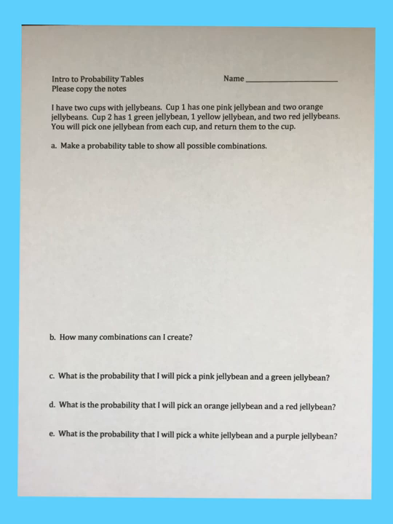So I have 2 cups with jelly beans. Cup 1 has 1 pink jelly bean and 2 orange jelly beans. So if you remember from the video, cup 1 went over on the side, and we have 1 pink jelly bean, so I'm going to label that as P for pink. We have 2 orange, so I have to put two rows, 1 for each orange.